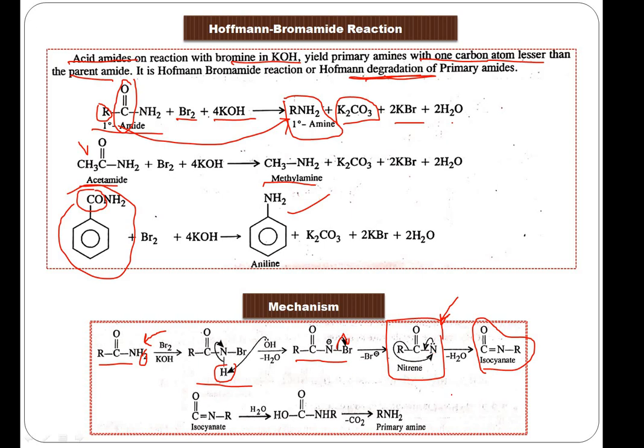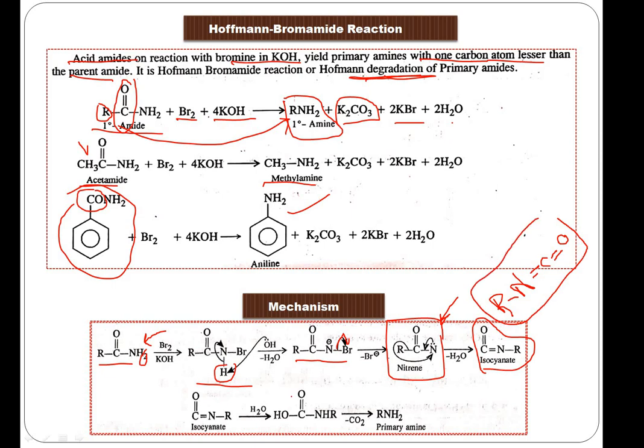So a question was asked from this portion also: the nitrene formed in the Hoffmann bromamide reaction rearranges to form what? Isocyanate. You can remember the isocyanate formula this way: R, then single bond with N, then double bond with C, and then double bond with oxygen. This type of structure is called an isocyanate compound.